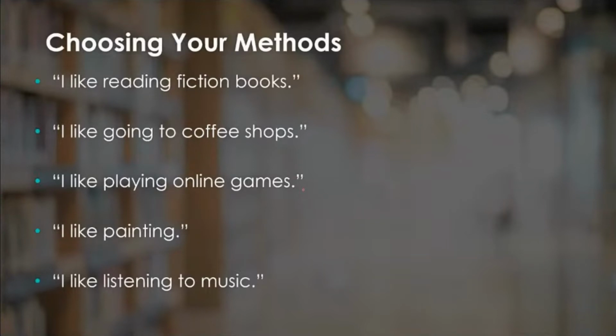So, number one, I like reading fiction books. Well, this one's probably easy, right? You can read the English version of your favorite book. For example, maybe you really love a classic novel and you've read it so many times and you know it is available in English.